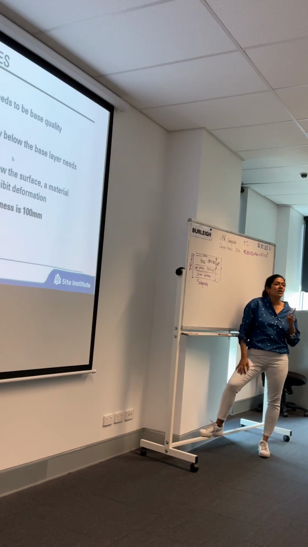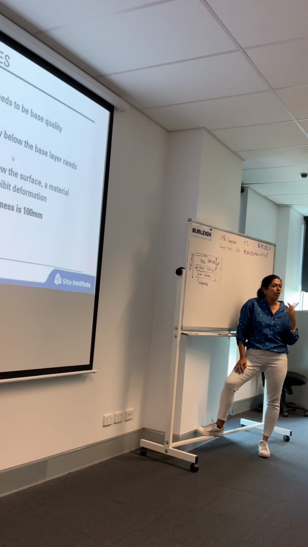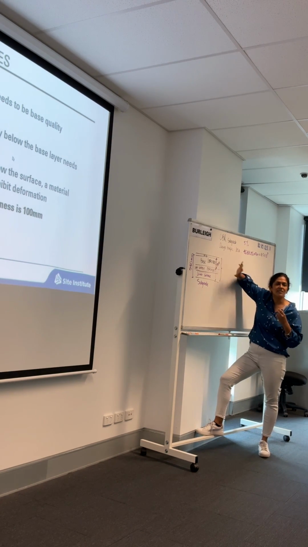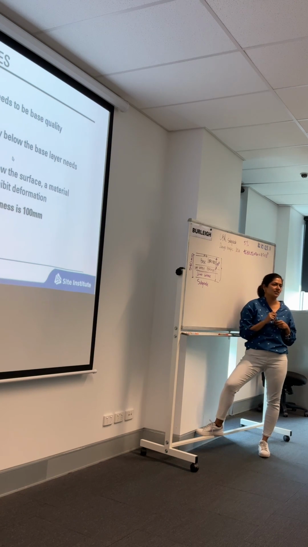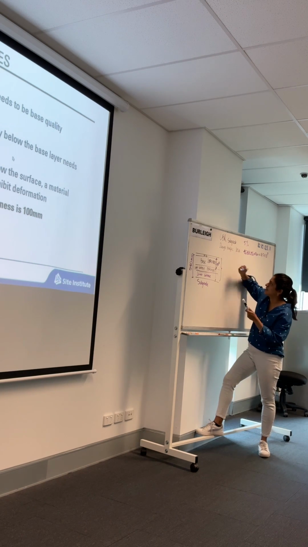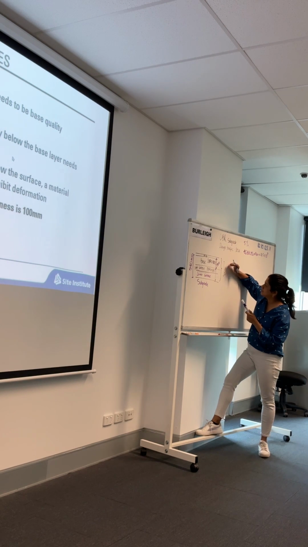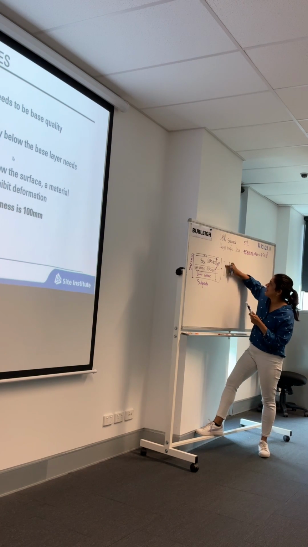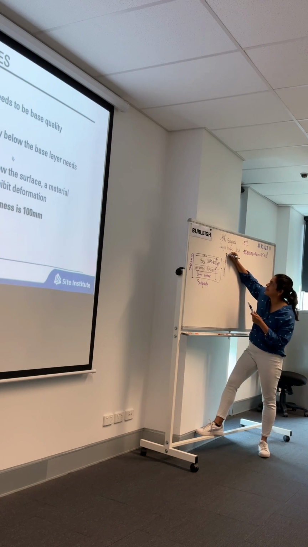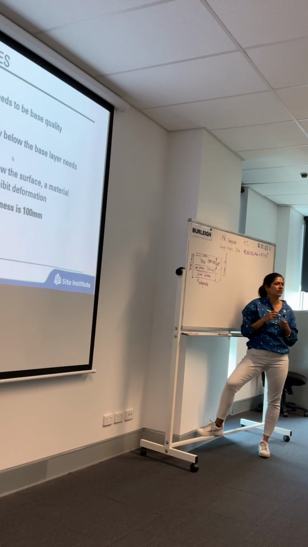They say, okay, this pavement composition will work only if for the first 250 millimeters, the CBR is bigger than 13%. Make sense? So if for the first 250 millimeters the CBR is bigger or equal than 13%, that pavement is going to work.